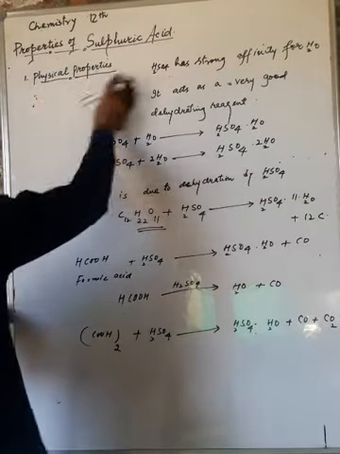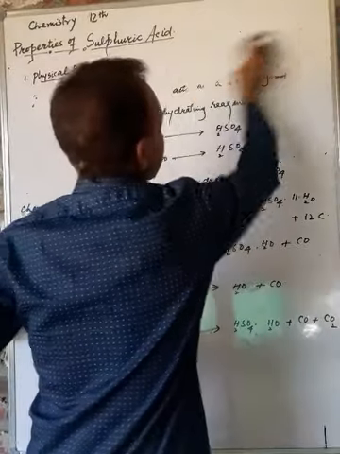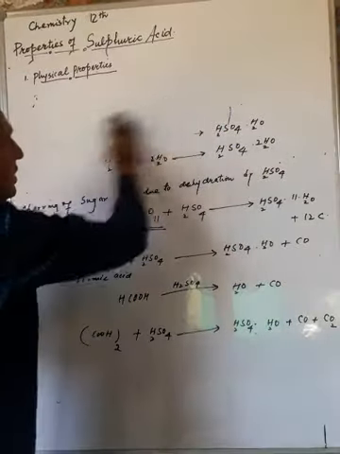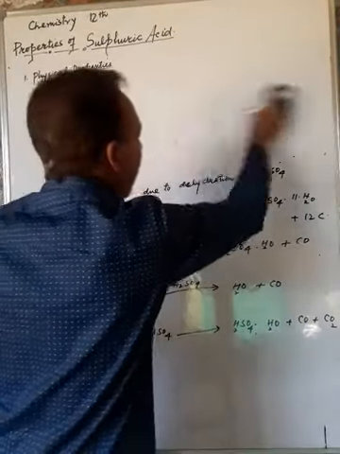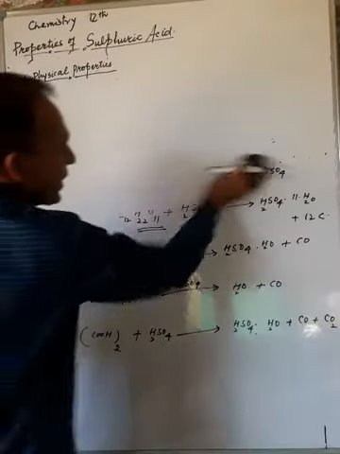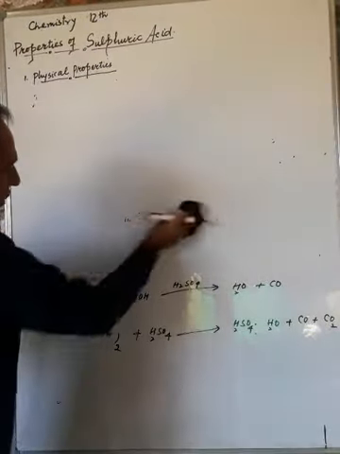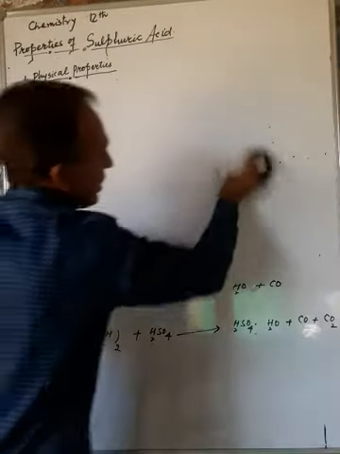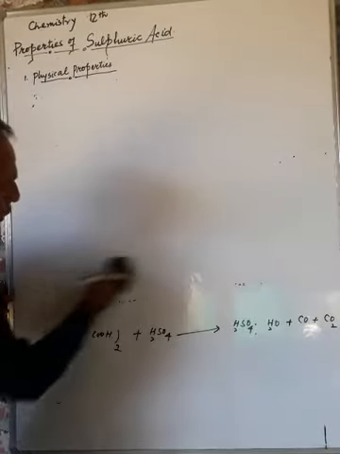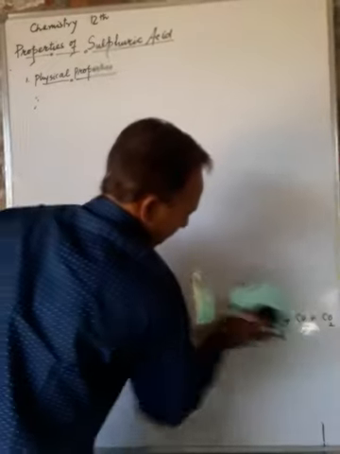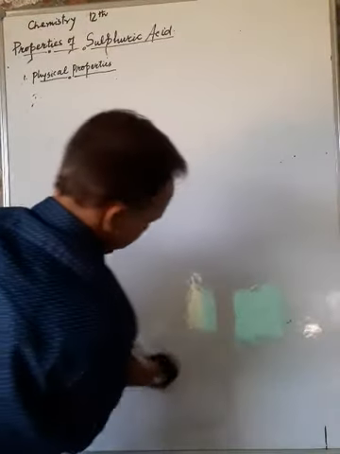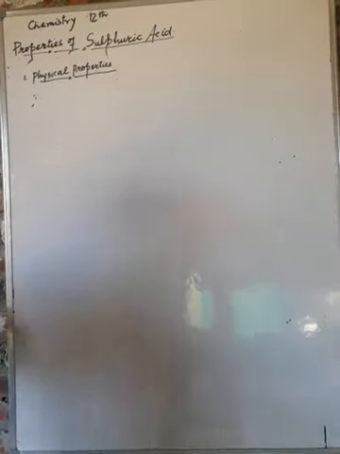Now the next reaction is this: sulfuric acid acts as a mild strong oxidizing agent due to the liberation of nascent oxygen. So we have oxidizing properties of sulfuric acid.